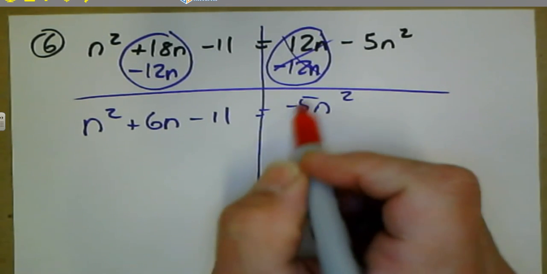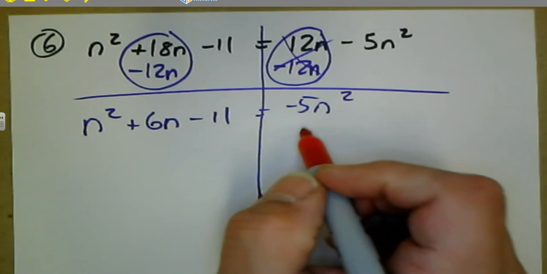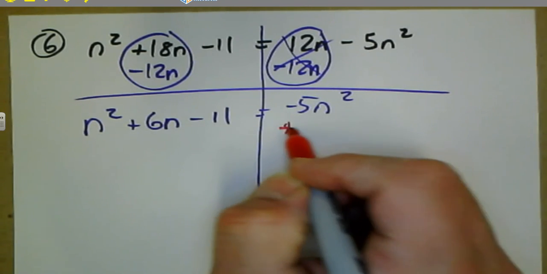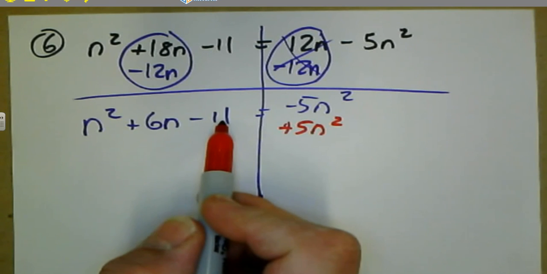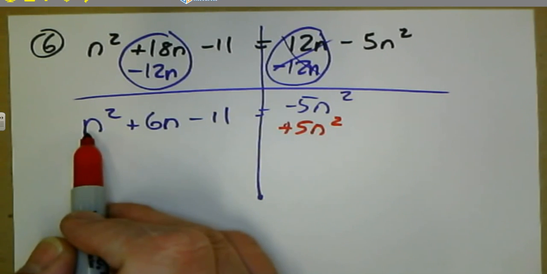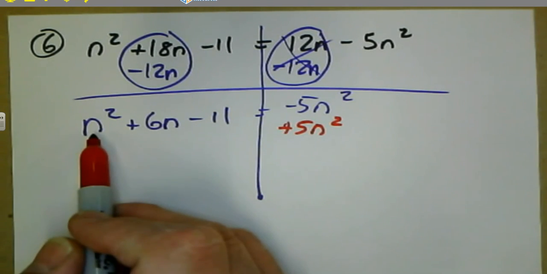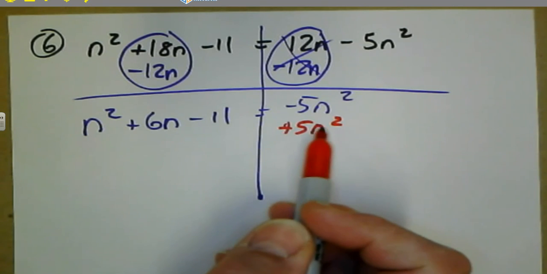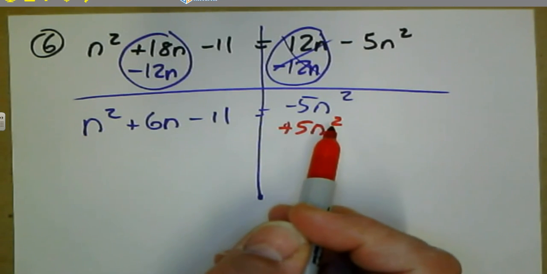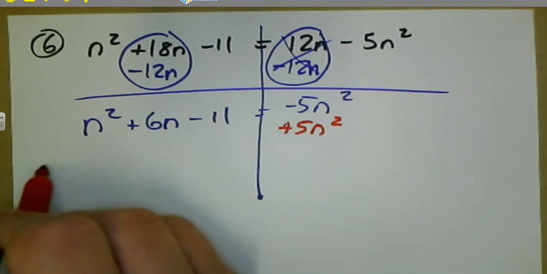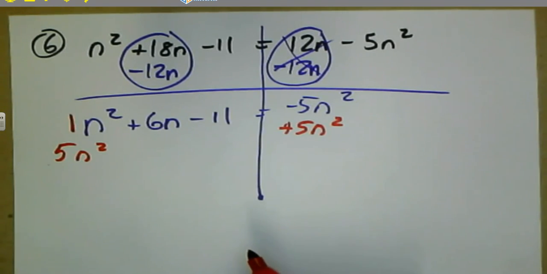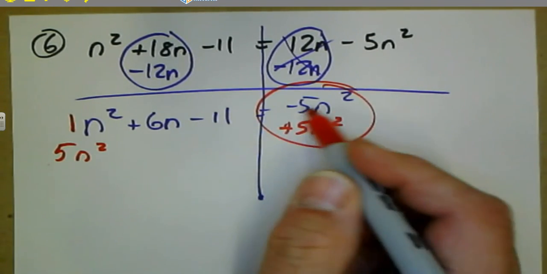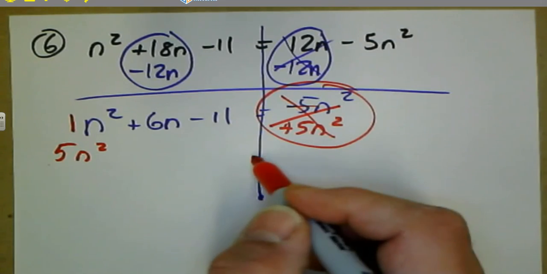Now, if I want to get rid of this, how do I get it to the other side? Add 5n squared. But I'm going to add it here, here, or here. Which one am I going to add it to? It's n squared. I'm going to add it to the n squared. And if I want, I can put a 1 there. Because now negative 5n squared and 5n squared are gone.